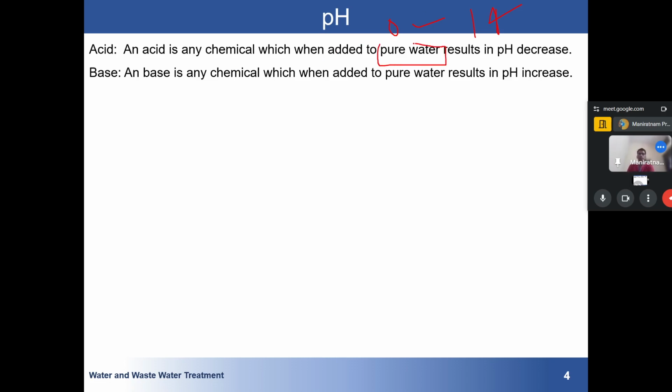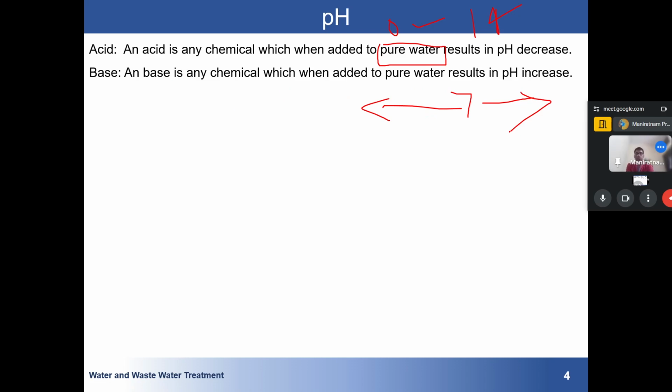If you add acid to the system, the pH will decrease from 7 to say 1, 2, 3, 4, depending on the type of acid, whether it is a strong acid or a concentrated acid. On the other hand, when base is added, the pH increases, and it can increase from 7 to 14.